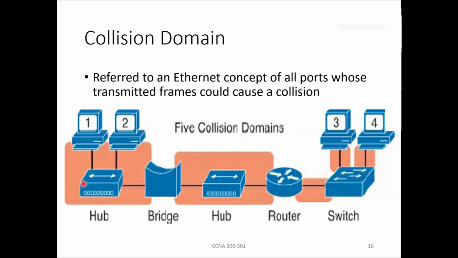Now, if we put 2 more PCs in this hub, we'll still have 5 collision domains. But if we connect 2 more PCs in this switch instead, then we'll have 7 collision domains. So that's how collision domains function.